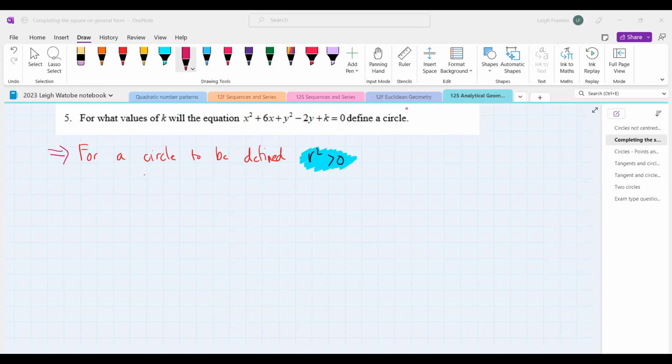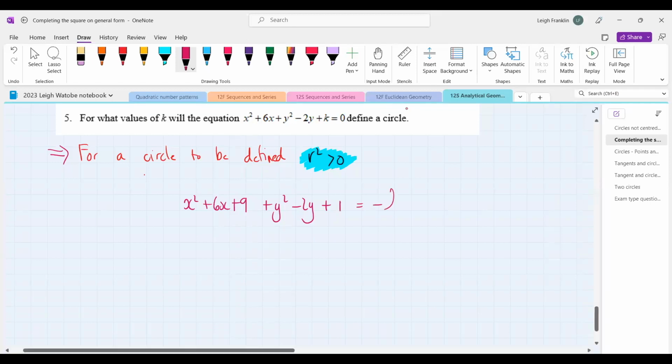So we're going to complete the square. These are the skills that we've already got. So we would say x squared plus 6x. What would I need to add in here in order to complete the square? 9. Exactly. So I'm going to add in 9 over here. What am I going to add in here? It would be 1. Good. And on the right-hand side, I would end up with negative k after transposing it.